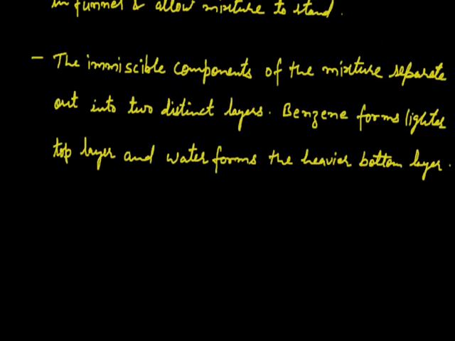Then place a conical flask or a beaker under the nozzle of the separating funnel. Turn the tap gently so that the water trickles into the flask or the beaker drop by drop. Once the water is drained out, the tap is closed.